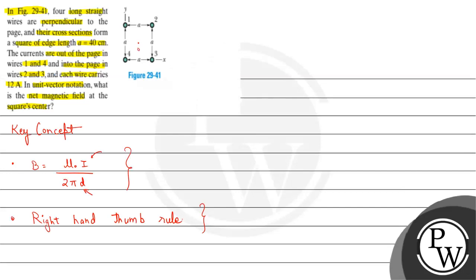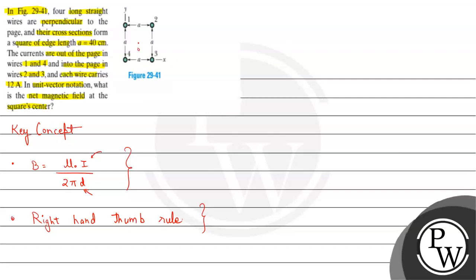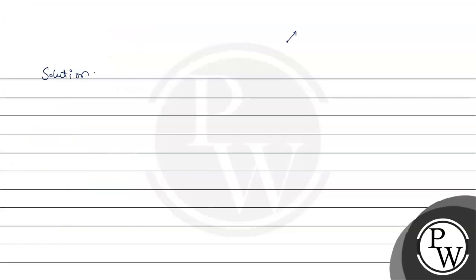So for the solution part, let us say this is point O. Then due to wire 1, the direction of magnetic field will be in this direction, and let us call it B1.